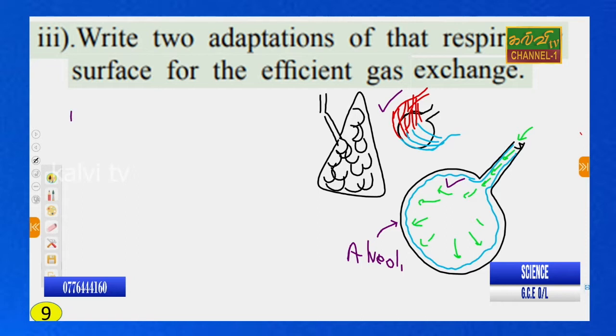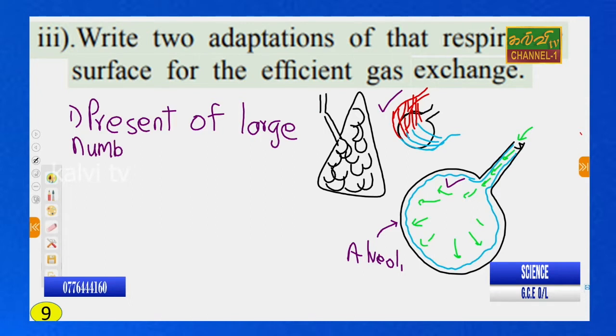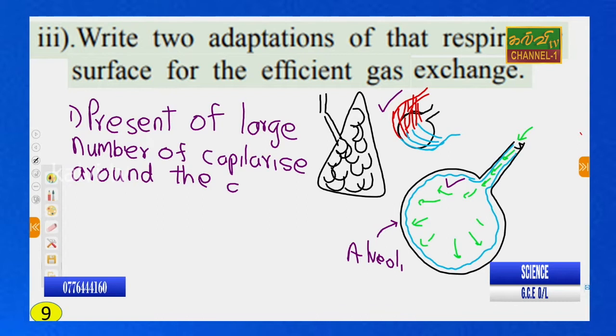Therefore, we can write the first answer: presence of a large number of capillaries around the alveoli. Capillaries mean very tiny blood tubes, of very narrow dimension.